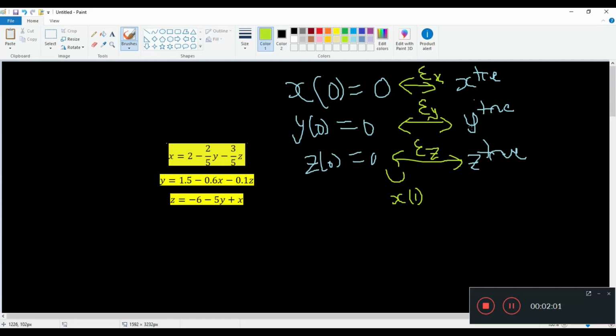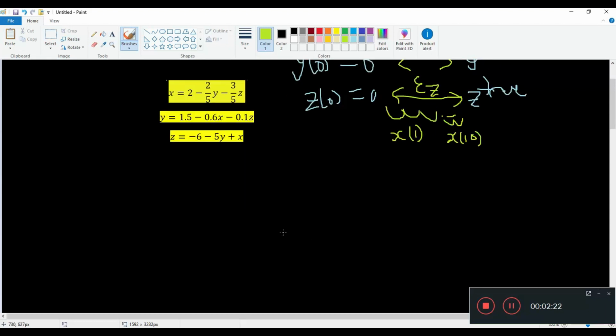Hopefully you're reaching closer and closer to the true values of x, y, and z with each iteration. Let's say you converge after 10 times. How is convergence usually determined? Convergence is usually determined when the residuals reach below a certain point. So what are residuals?